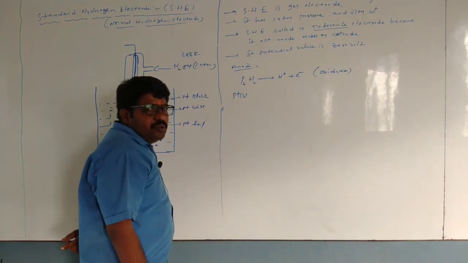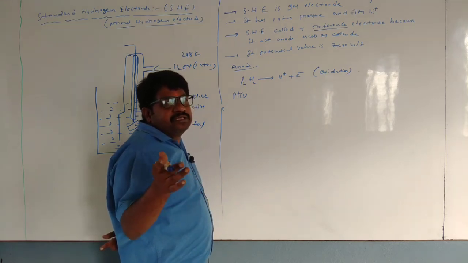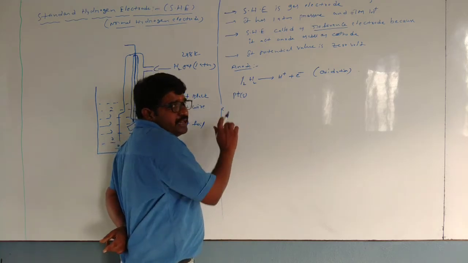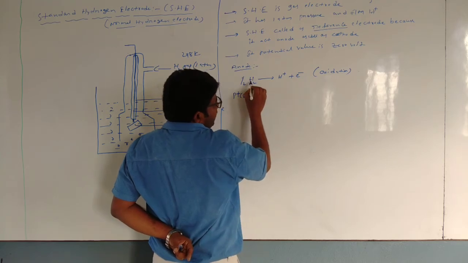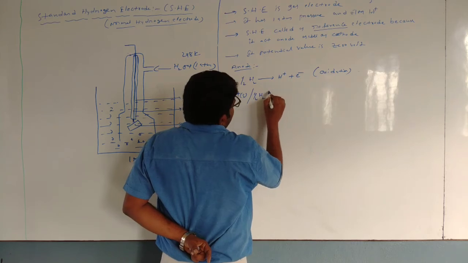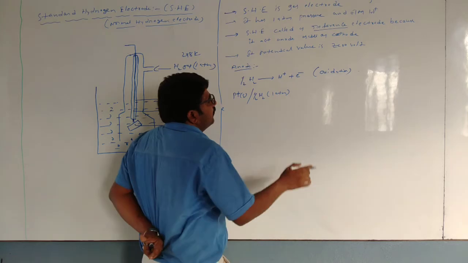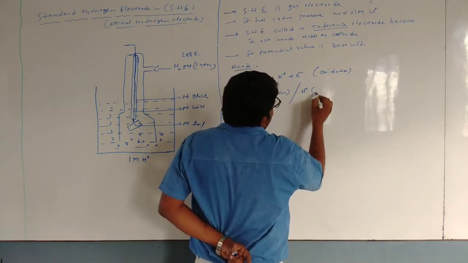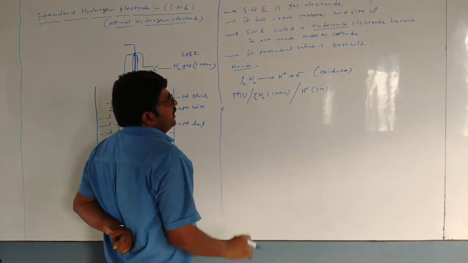What is an inert electrode? The electrode which does not participate in the chemical reaction but provides the surface. So hydrogen gas, half H2 at 1 atmosphere pressure, is converted to H plus ions at 1 molar concentration. This is the cell representation.